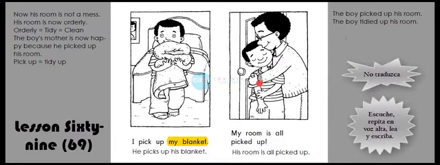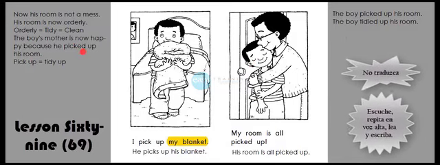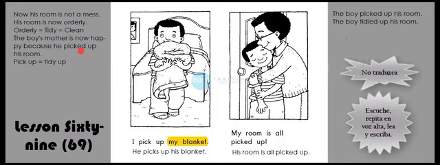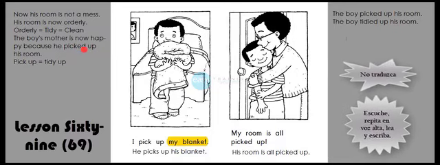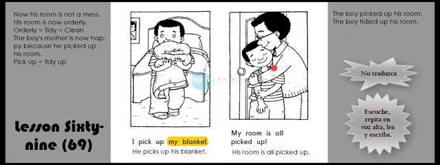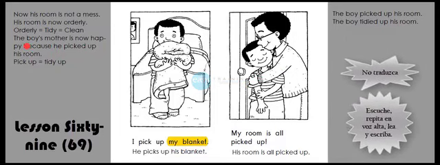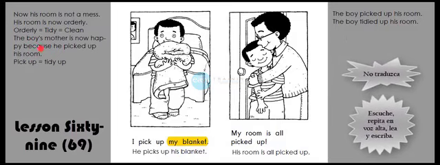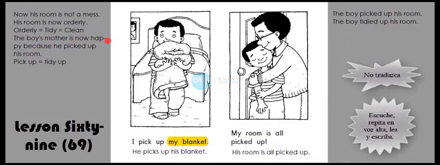Esta es la acción total que él realizó. He picked up his room. Aquí está en pasado. Con estas letras ED al final indica que está en pasado. The boy picked up his room. Y esta palabra indica la razón por la cual the boy's mother is now happy.